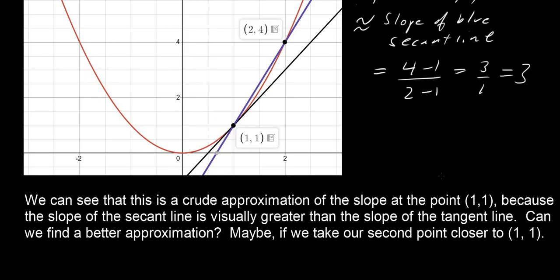Maybe I can. That point 2, 4 is maybe too far away from 1, 1. I might be able to do better if I pick a point that's closer to the point 1, 1 on the graph and find the average slope of that secant. So I'm going to try to do that.